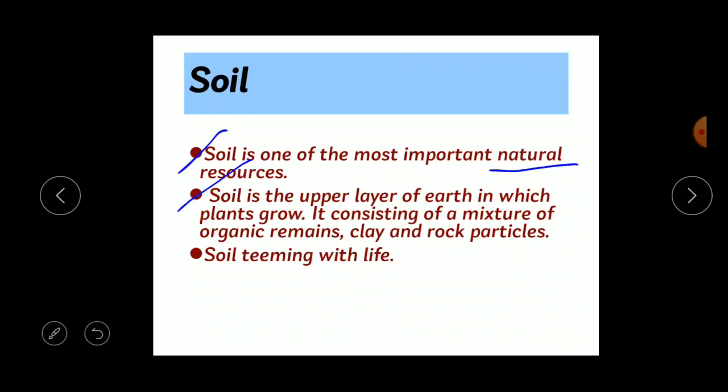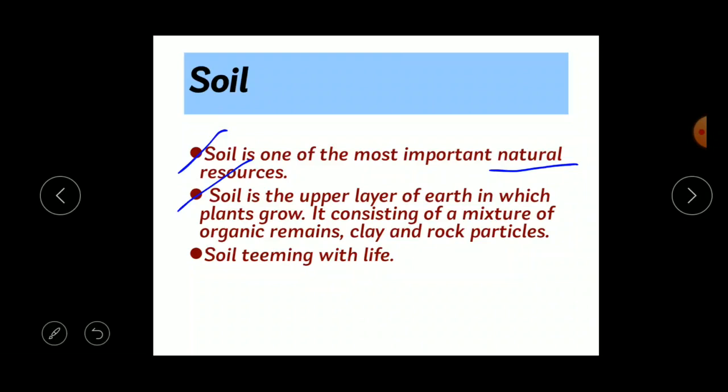The soil is the upper layer of earth in which plants grow. It consists of a mixture of organic remains, clay and rock particles. So soil is the uppermost layer of the earth in which the plants grow, right?